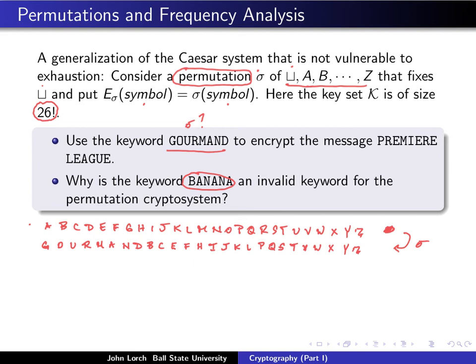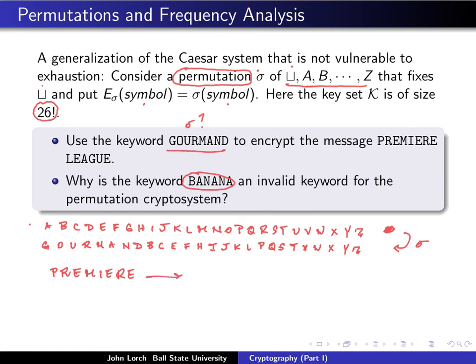So now we want to encrypt the message Premier League, and in fact, we're just going to do the word Premier here. And I'll let you figure out how to encrypt the word league.